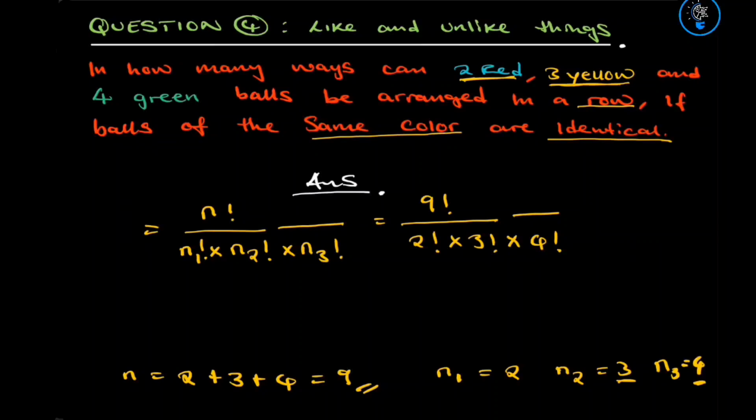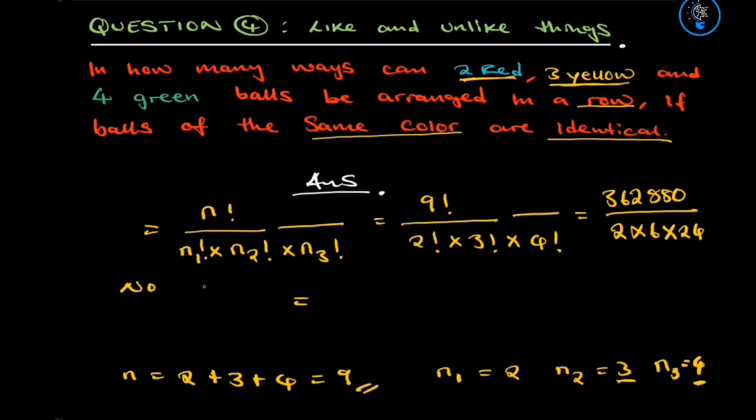Now when we punch 9 factorial in your calculator, you're going to get a value of 362,880 divided by 2 factorial, it's a 2, times 3 factorial, it's a 6, times 4 factorial, that's a 24. Then from there, I'm going to get the value.